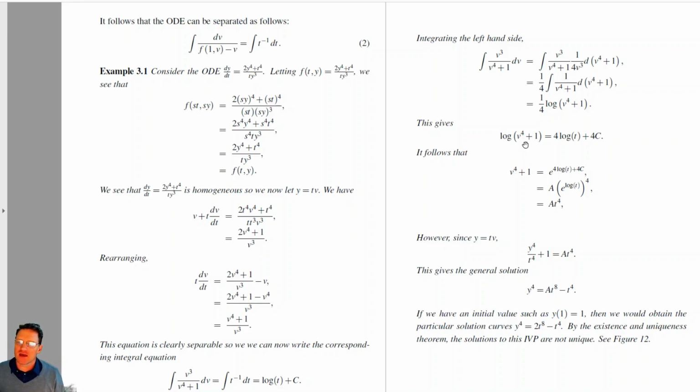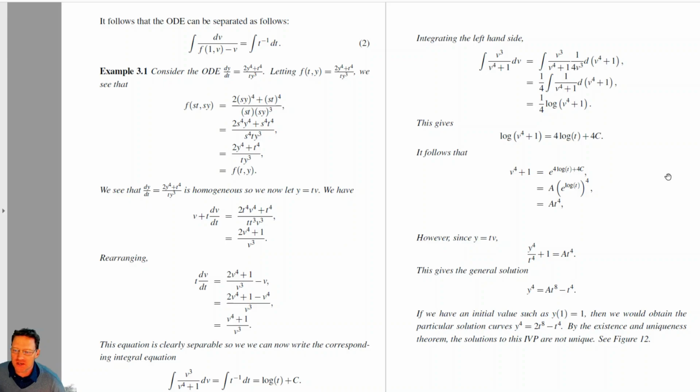And when I do that, the left-hand side becomes just the inside of the logarithm function, so v to the fourth plus 1. And on the right-hand side, I have e to the power of 4 log of t plus 4c. Now I can use an exponent rule to say that this right-hand side is e to the 4 log of t times e to the 4c, and then declare a new letter, let a equal to e to the power of 4c.